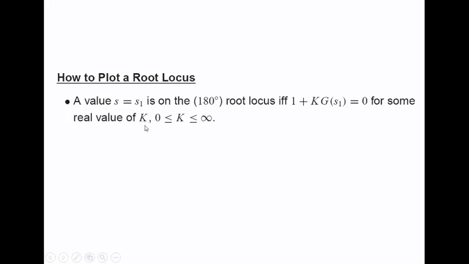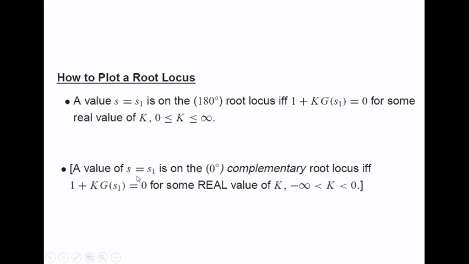This means that if we take some positive value of k, then the point S1 in the S-plane, if we insert that point in the characteristic equation, it should result in 0. If it results in 0, we say that point S1 is located on the 180-degree root locus. If it is not satisfying this condition, then we say that this point is not located on the root locus.